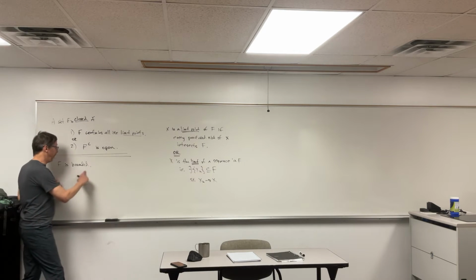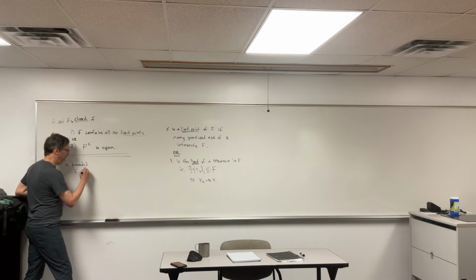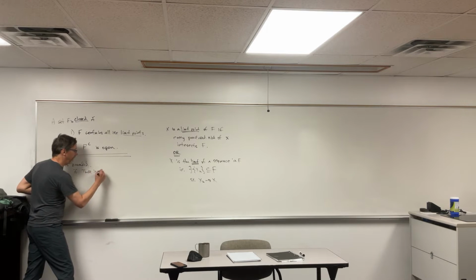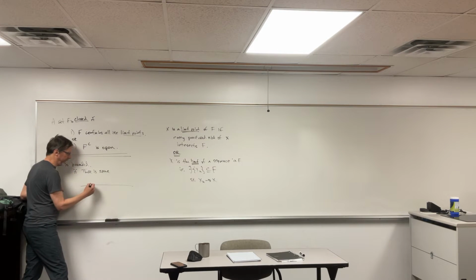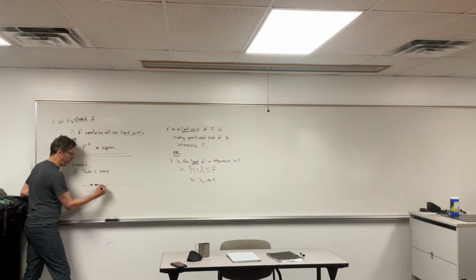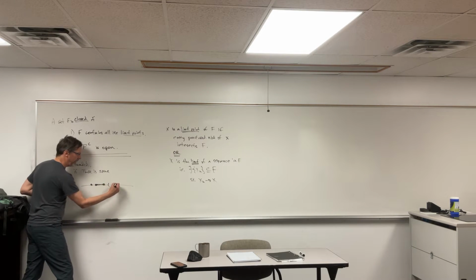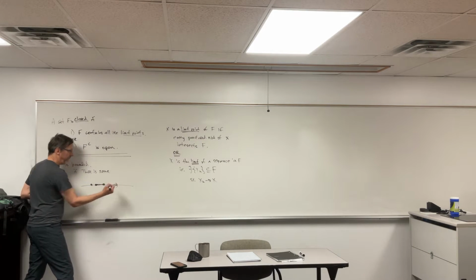So F is bounded if there is some... what do we usually get when we have boundedness? So Anna, you're absolutely right. Here's a set that's bounded. Make it crazy here. And it's all like that. That set looks bounded.